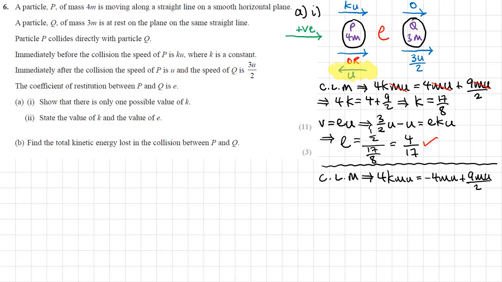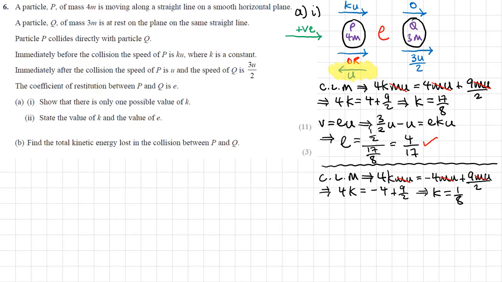So this time when we do CLM, the CLM for P after the collision will now be -4mu, because we're looking at a different direction. So just like the previous time, all of the m's cancel out. That gives me 4k is equal to -4 plus 9 over 2. Working that out, that will give us a value of k equal to 1/8.